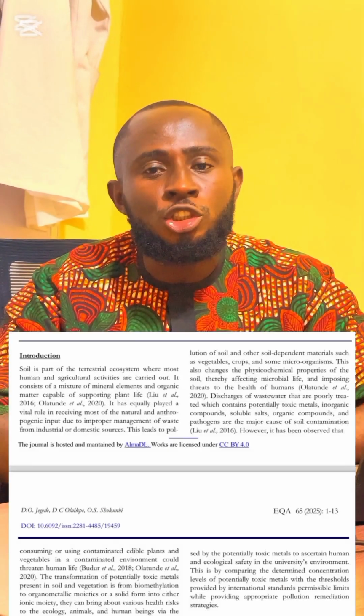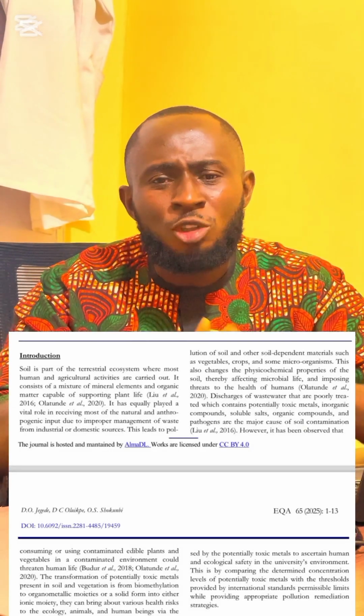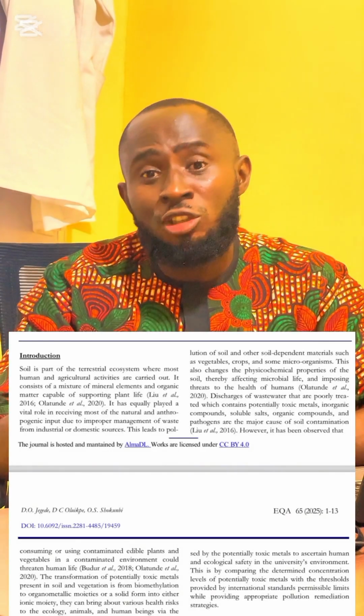The next segment is the introduction. Introduction is kind of different from what we normally do during undergraduate studies or postgraduate studies, as the case may be. Undergraduate studies comprise introduction, statement of problem, and every other required institutional requisite.